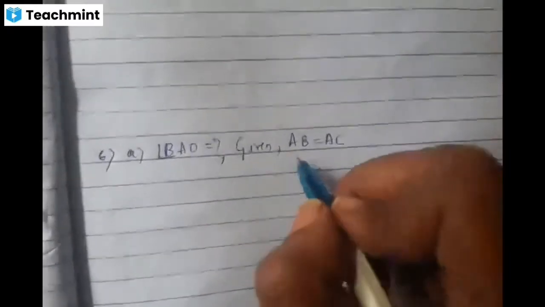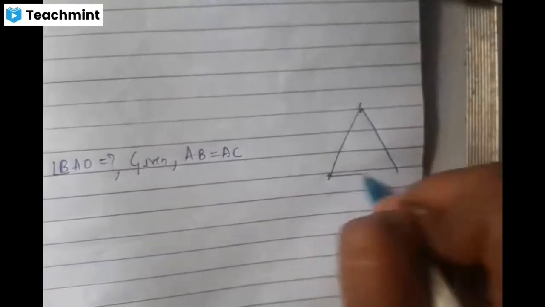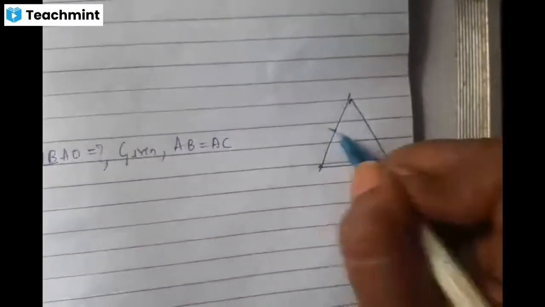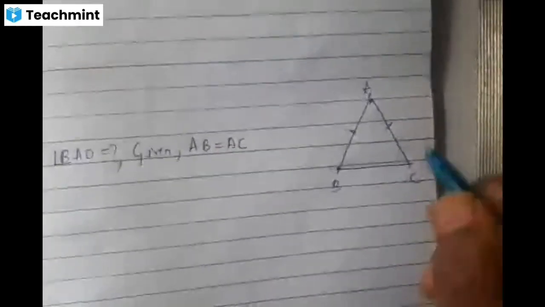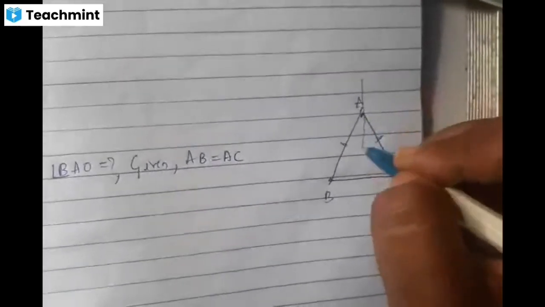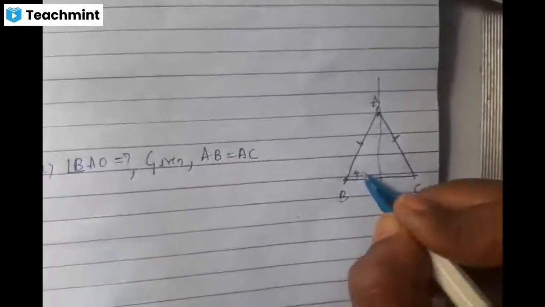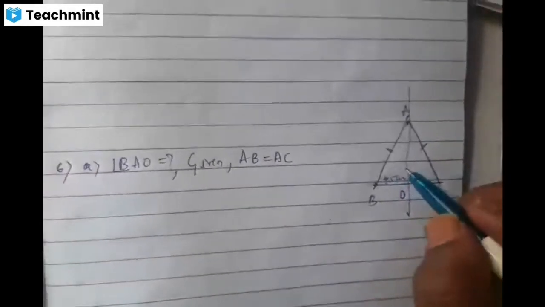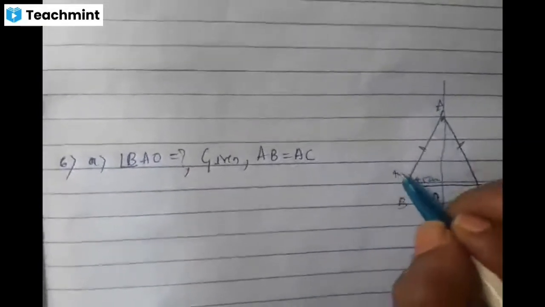And if this is an isosceles triangle, AB is equal to AC. And if this is the line of symmetry, then OB is given as 4.5 centimeter. And this angle is given as 40 degrees, children.